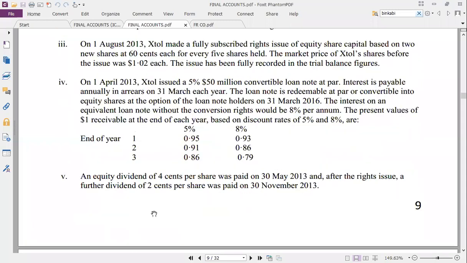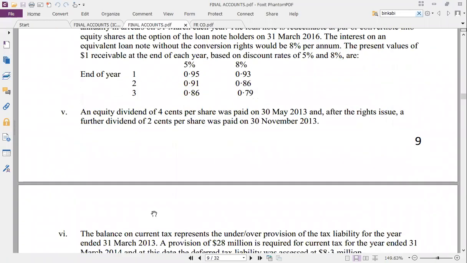The next footnote: an equity dividend of 4 cents per share was paid on 30th May 2013. And after the rights issue, a further dividend of 2 cents per share was paid on 30th November.